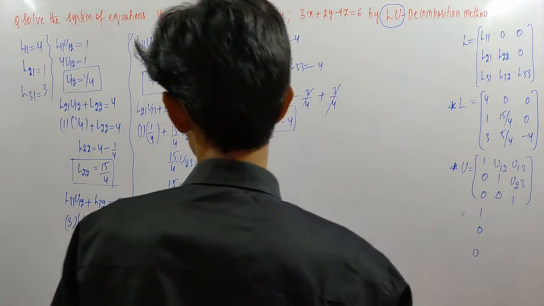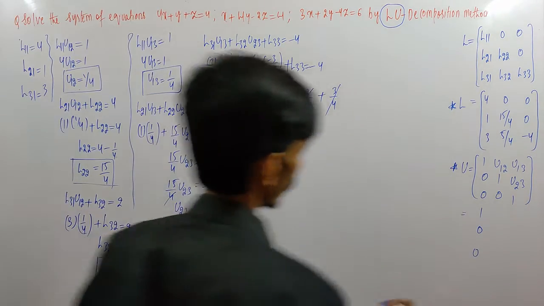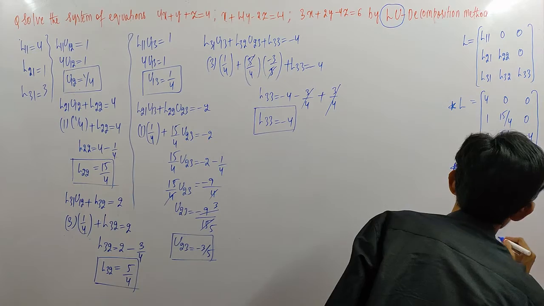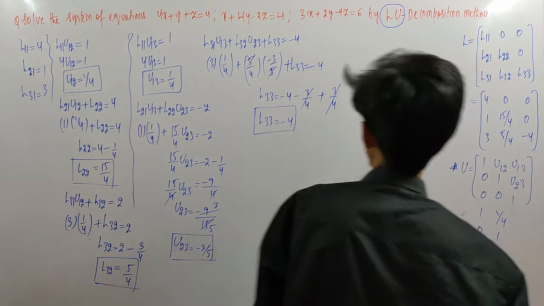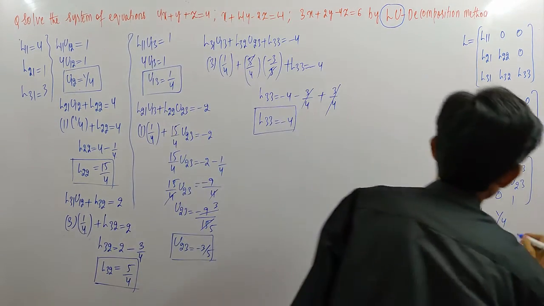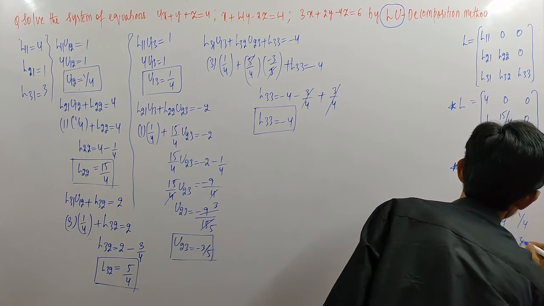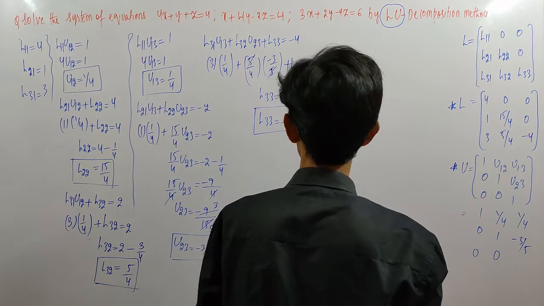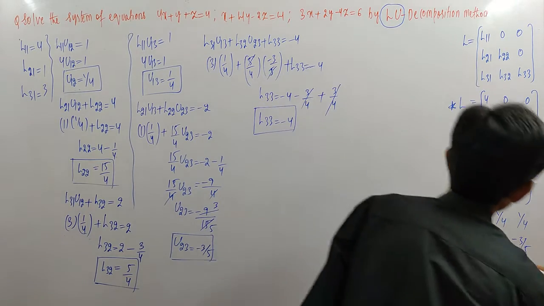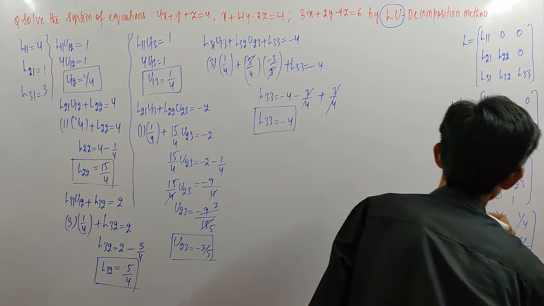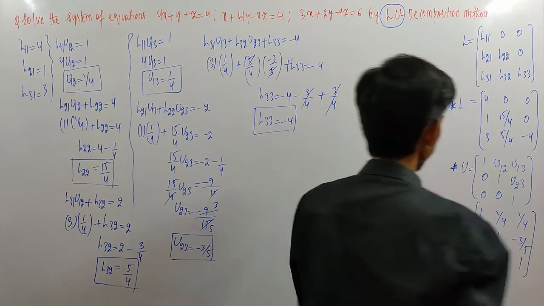U12 value is 1 by 4, then 1 0. Next we have U13, which is 1 by 4. U23 value is minus 3 by 5. And the last value is 1. We got the U value and the A value.